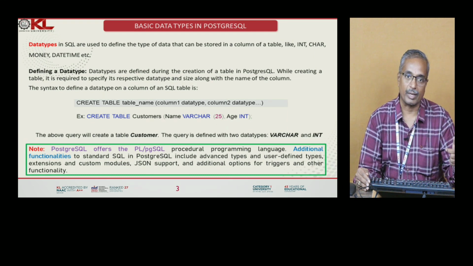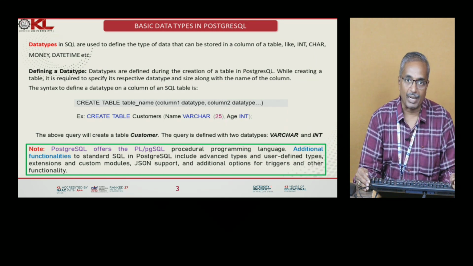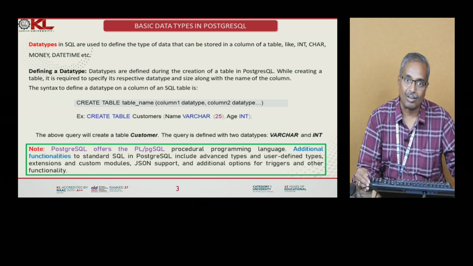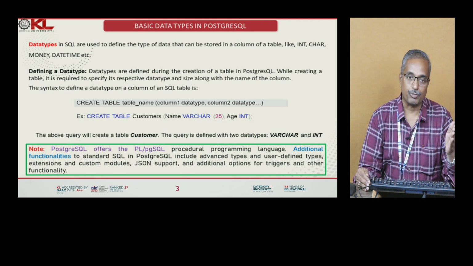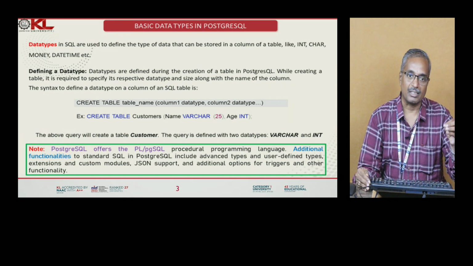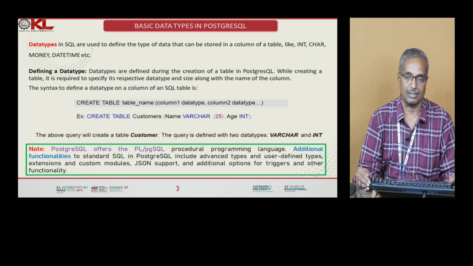Once this query is executed, it creates a customer table, but I will give some more explanation under the DML statements. There I will explain in detail. Before that, I want to first explain the different types of data types defined in PostgreSQL.